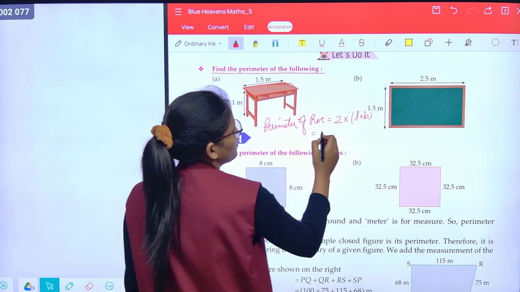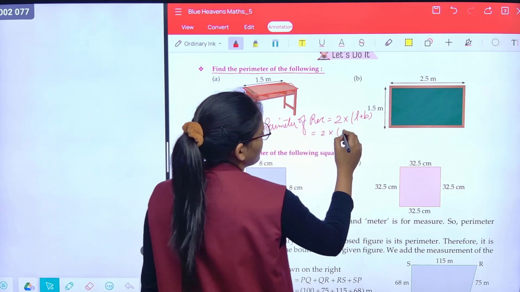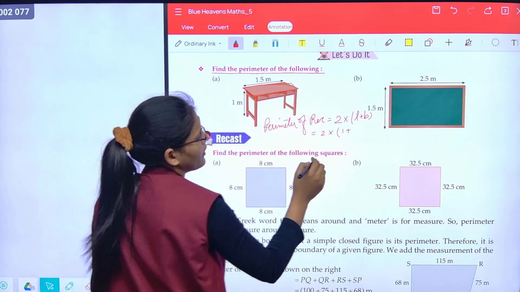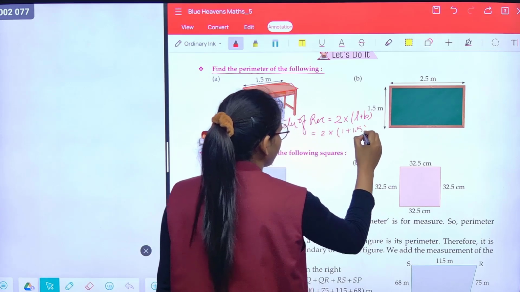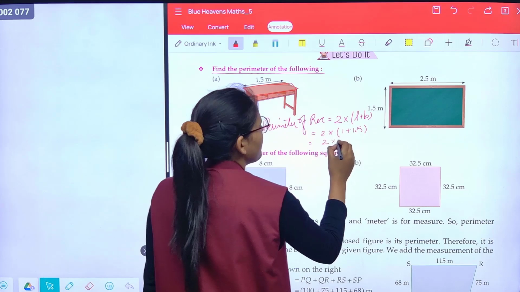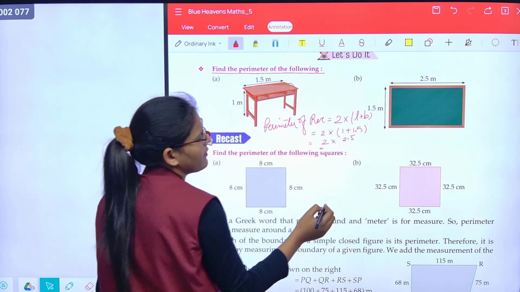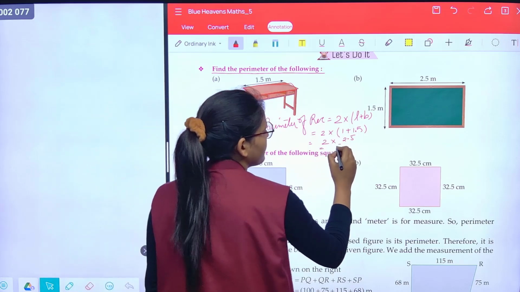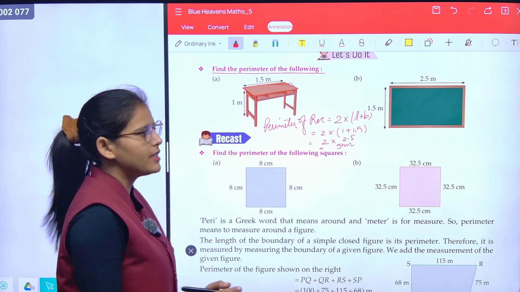So 2 multiply, length is 1 meter and breadth is 1.5. Okay class, now 2 multiply 2.5. So 2.5 multiplied by 2 is 5. So 5 meter.